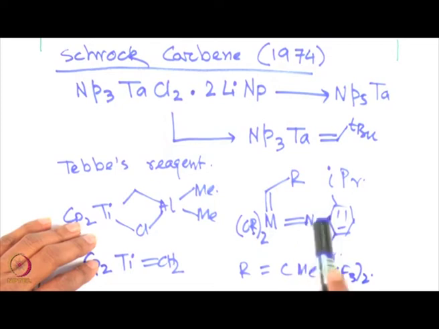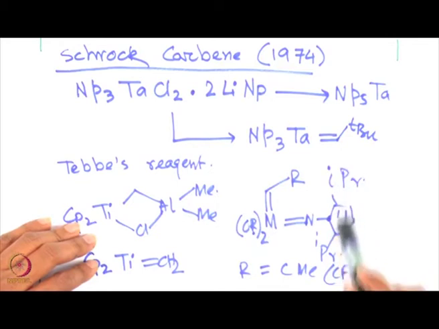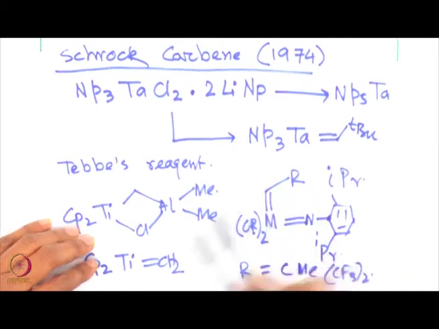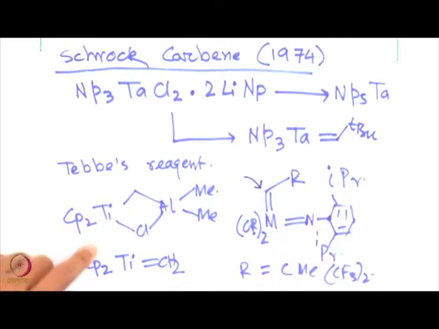As you have seen, we have the nitrogen associated with the molybdenum, and these two diisopropyls are bulky substituents on this amine, and we have the carbene center right over here, which is nucleophilic in nature, and as you have seen, there is no pi acceptor or pi donor ligand in the whole complex. We have the alkoxide complex, where R is again a bulky one, a tertiary carbon center with CMe(CF3)2.